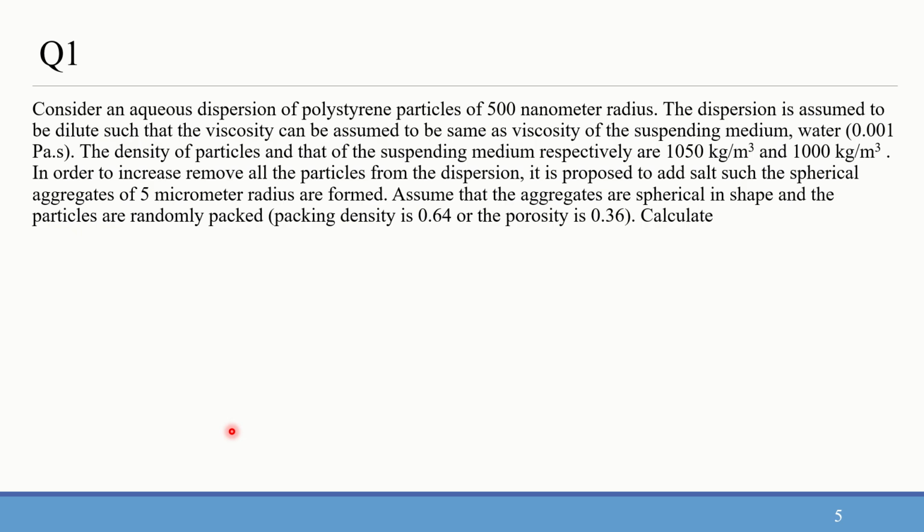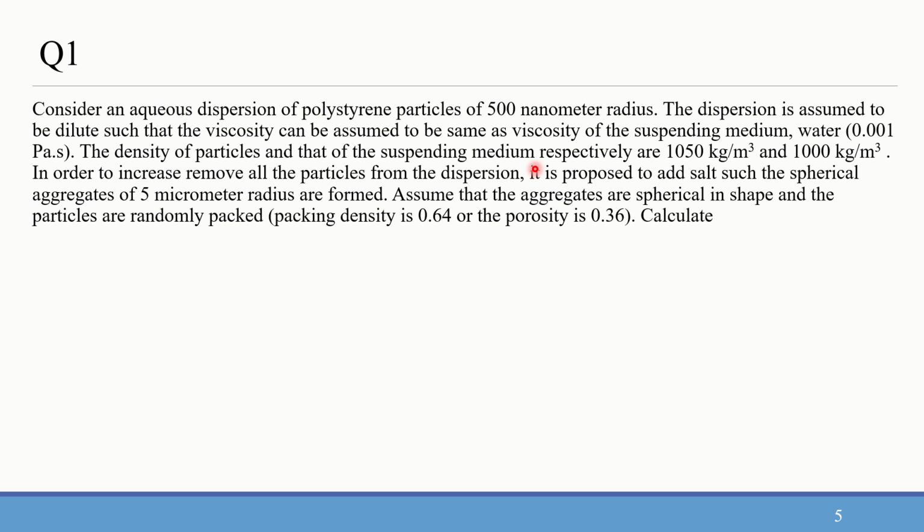For question 1, we have: consider an aqueous dispersion of polystyrene particles of 500 nanometer radius. The dispersion is assumed to be dilute such that the viscosity can be assumed to be the same as that of the suspending medium, water. The densities of particles and suspending medium are respectively 1050 kg per meter cube and 1000 kg per meter cube.